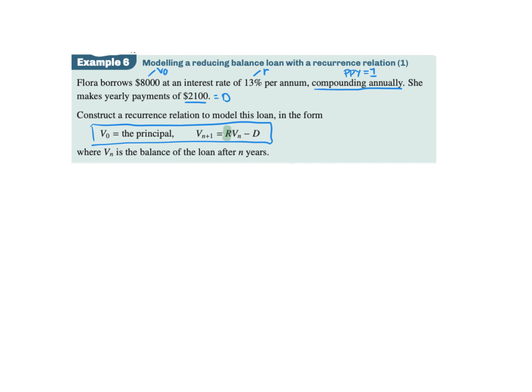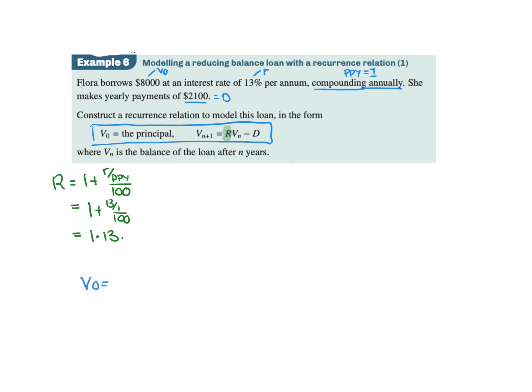So we're going to do that R first. If we write the rule for R, when we have a reducing balance loan, it's compound interest. So it'll be 1 plus the rate over PPY over 100. In this scenario, it's 1 plus 13 over 1 over 100. So our R value is 1.13. Now that we have that, we can write the recurrence relation.